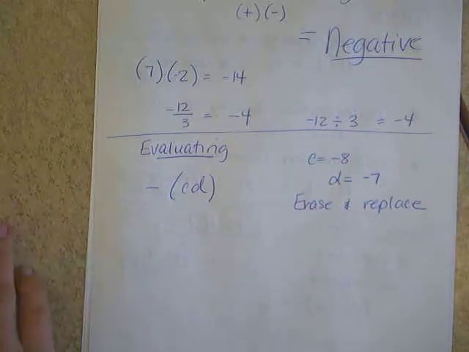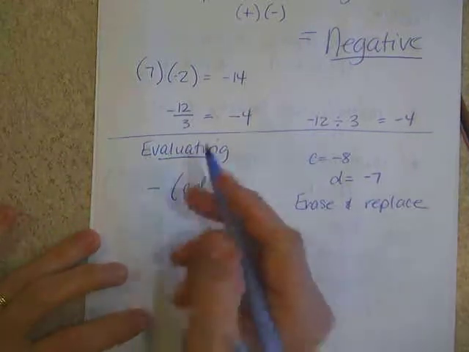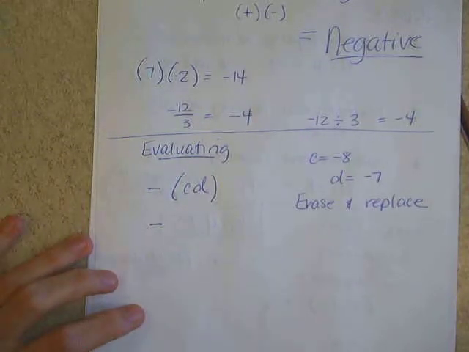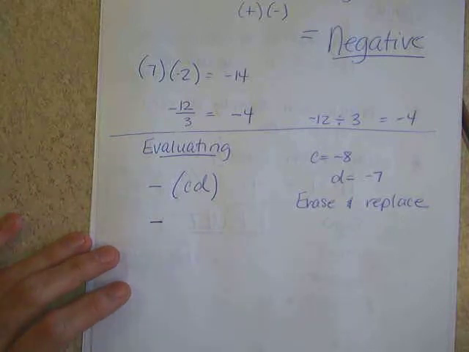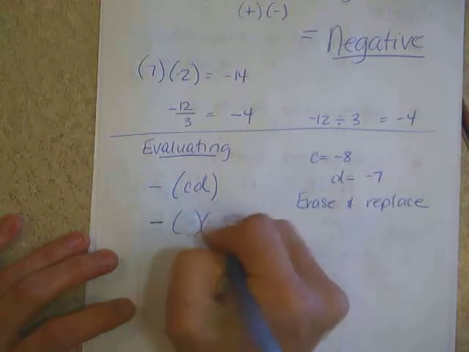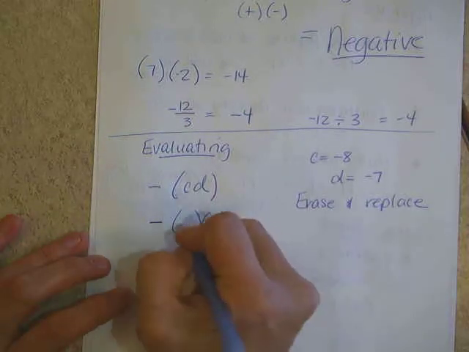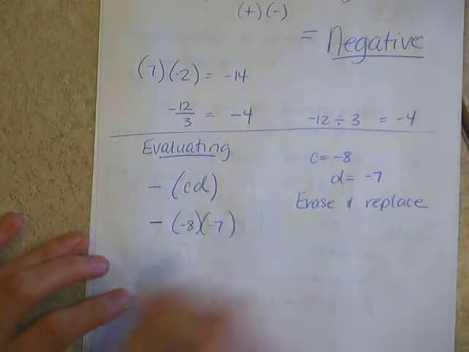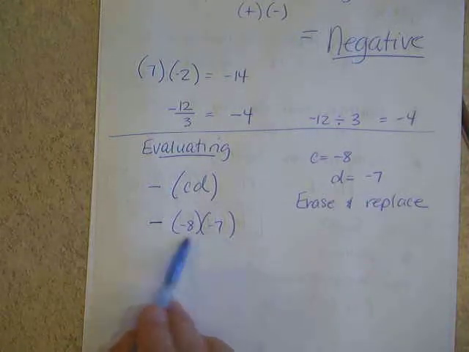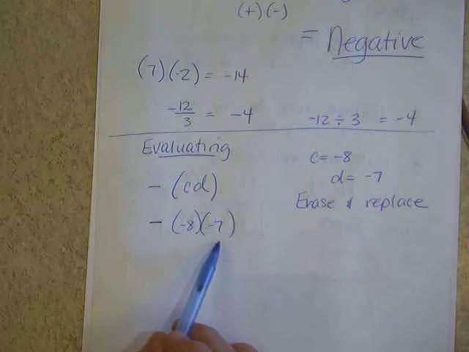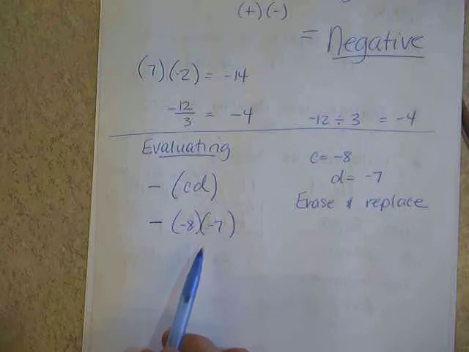Think of it this way: erase and replace, plug and chug. You're going to take out the variables. I would recommend in this instance, now that they're throwing the negatives in, that you take out the variables and put in a set of parentheses for each variable. That's going to allow you to see how many negatives you're actually dealing with. So this negative in front is really kind of saying the opposite of whatever C times D is. But if I use parentheses for C and D, I have -8 times -7.